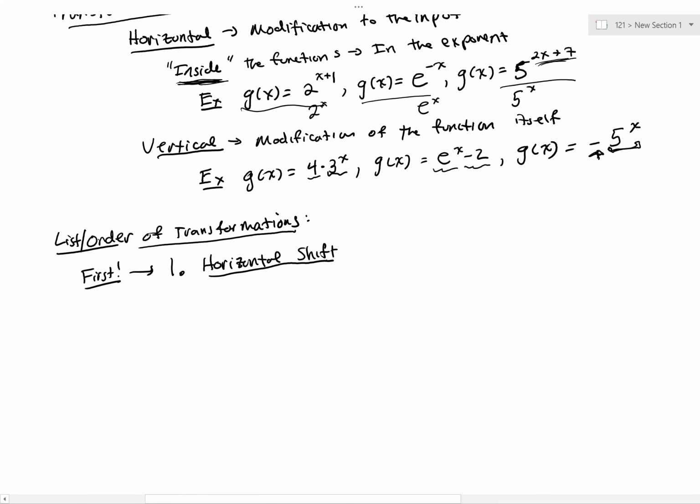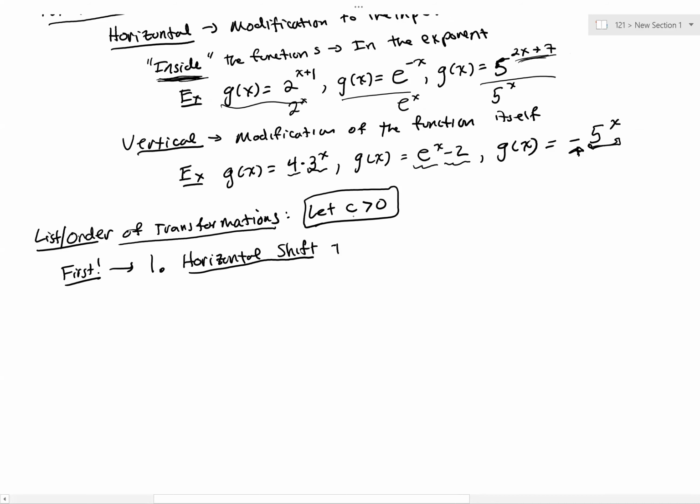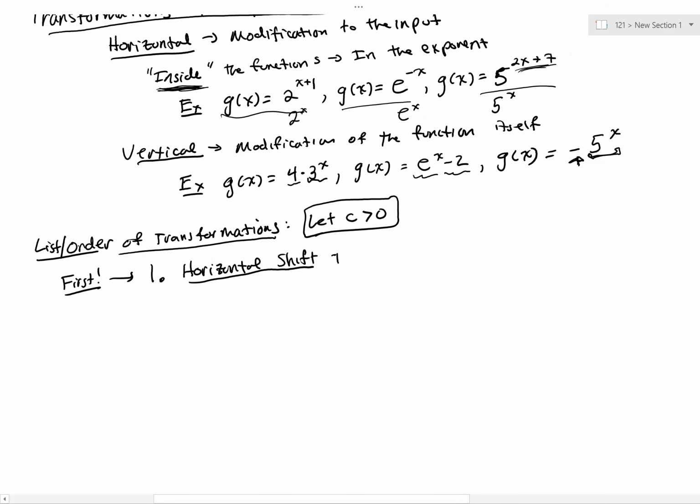That means we're going to move the graph left or right from the original parent graph or base graph. So for all the transformations, we're going to assume the letter c represents a positive real number.